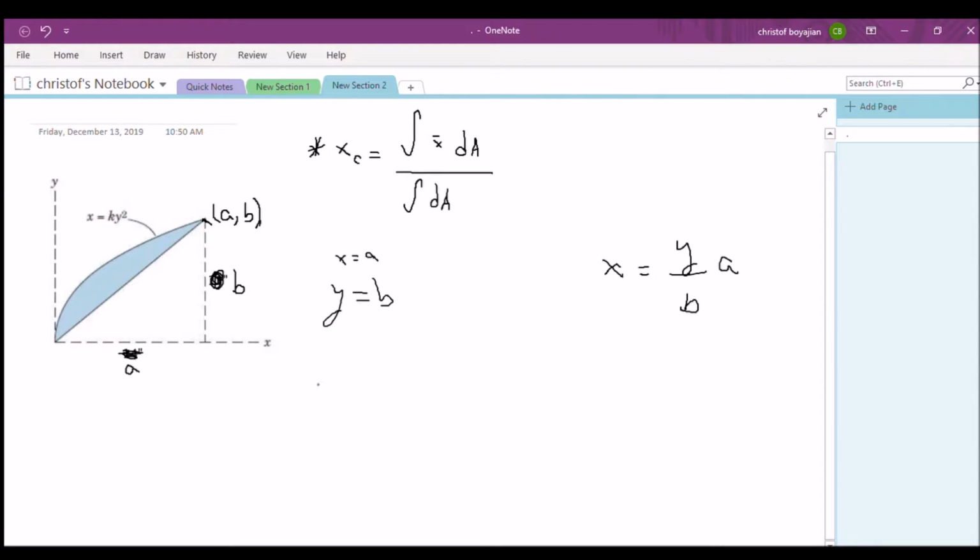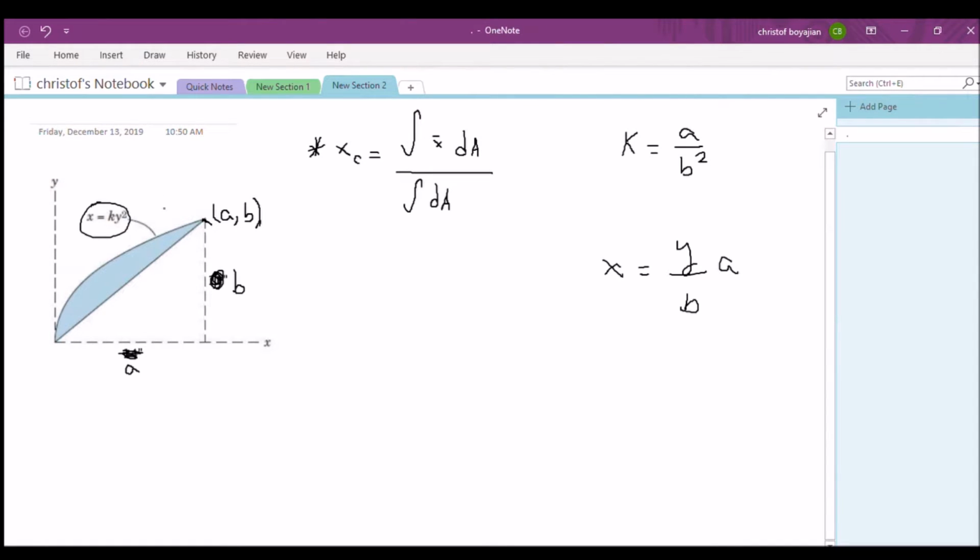So replacing our variables here with x equals a, we have a equals k b squared. Okay? So therefore, if we solve for k, we actually end up getting this. K is equal to a over b squared. Okay? All right, great. So we're going to keep these two pieces of information in mind. We're going to need them later.